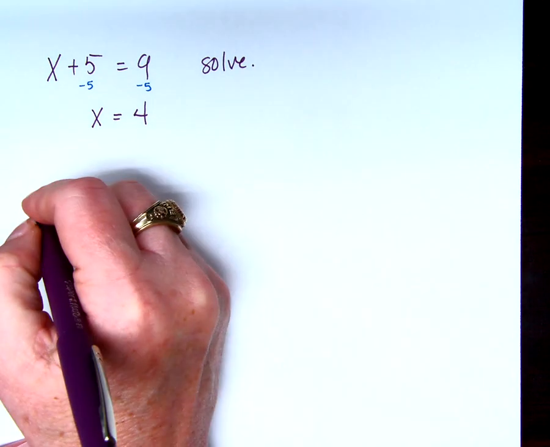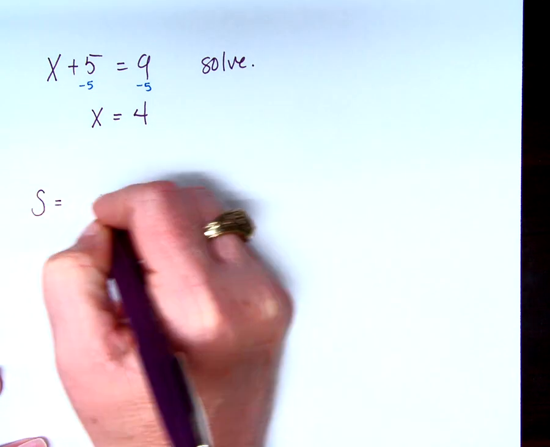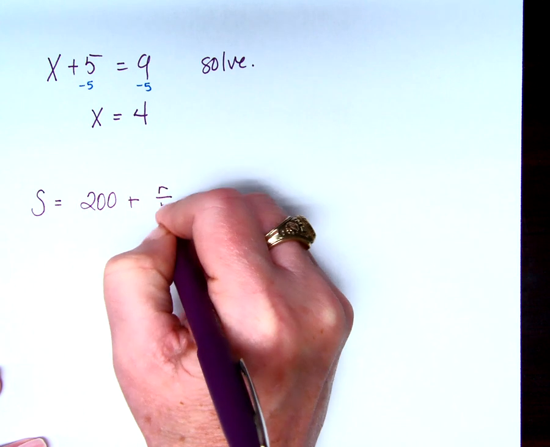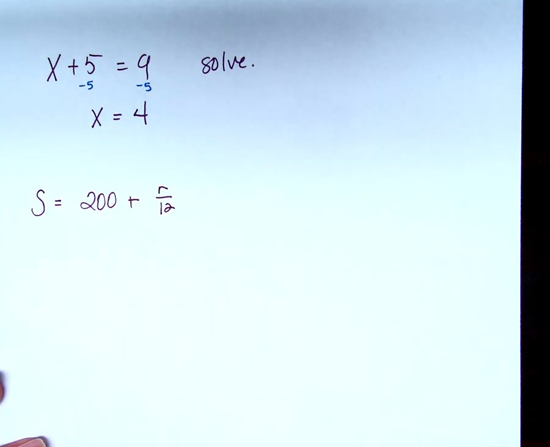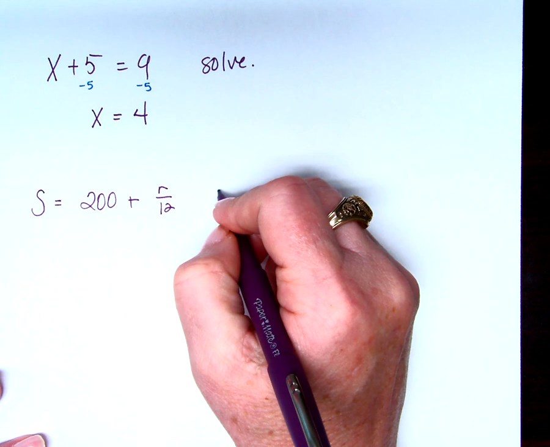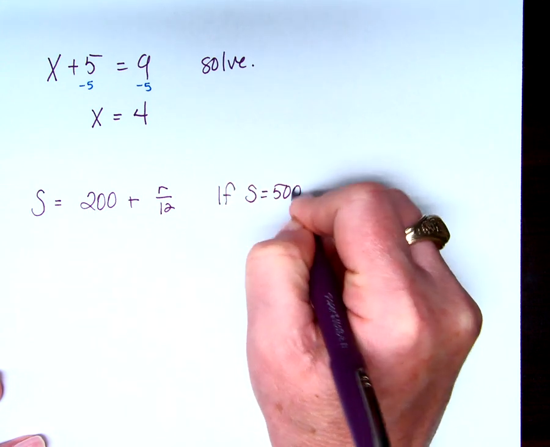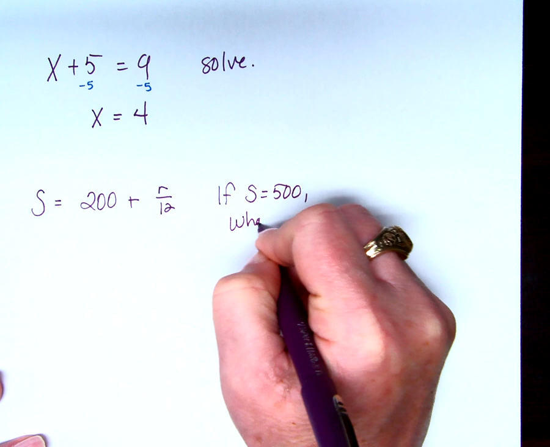One of the questions might say something like this: S equals 200 plus R over 12. And the instructions would say, if S equals 500, what is R?